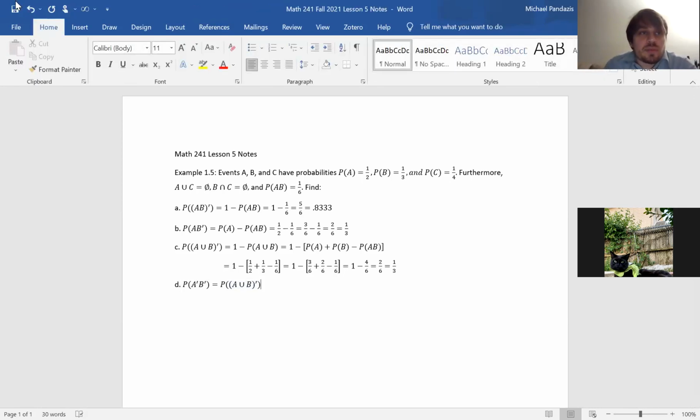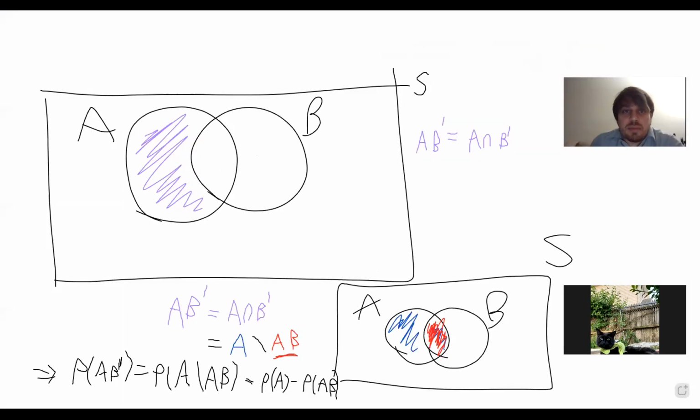Remember from De Morgan's law, we have that A prime B prime, which is just shorthand notation for A prime intersection B prime, is the same as A union B in parentheses prime. That's one of De Morgan's laws, right?